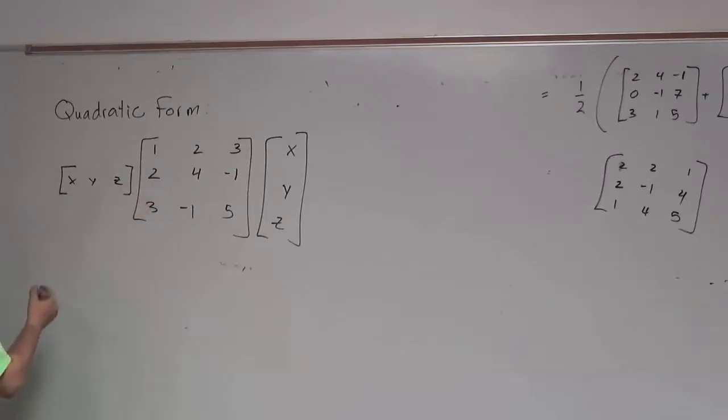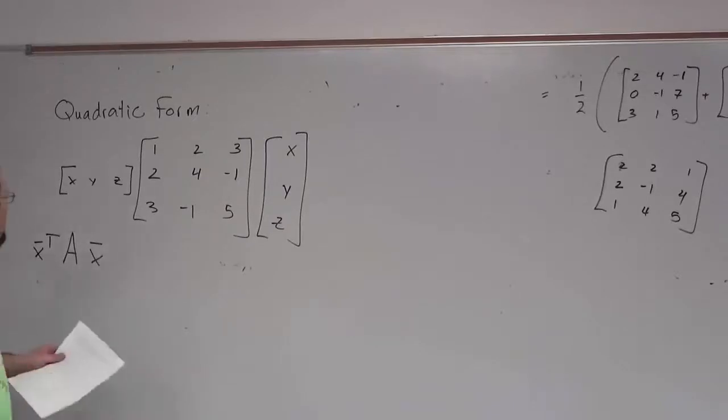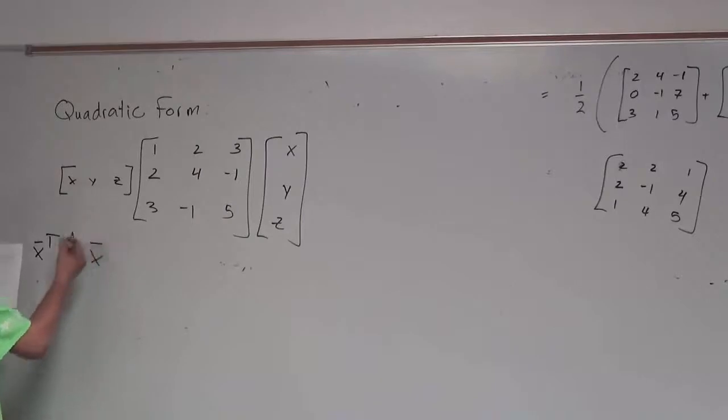So this has the form x transpose times matrix A times x. Okay, now what is this going to give us? What kind of matrix? What size matrix does it give us? Well, let's just check, right? 1 by 1.